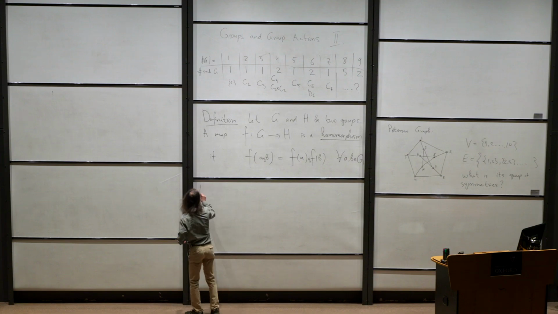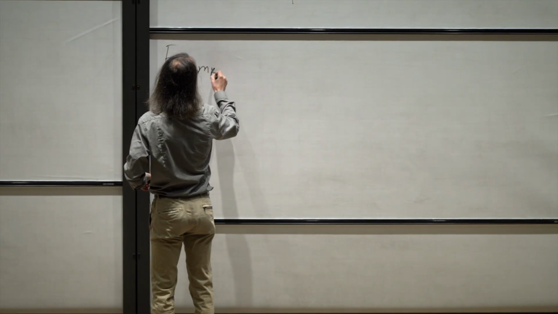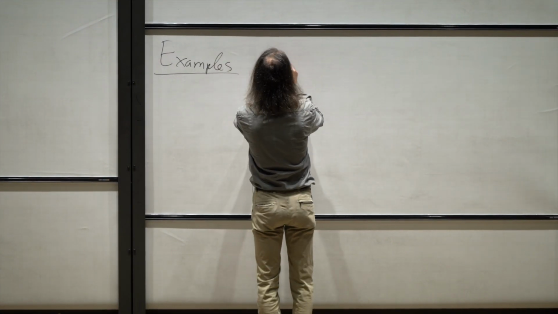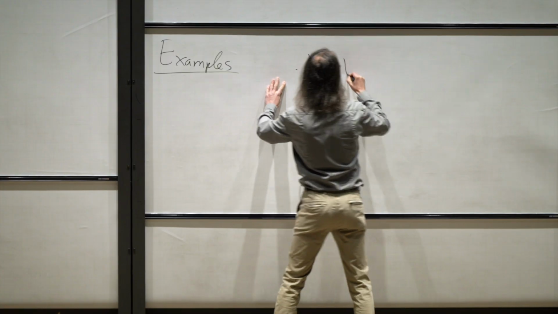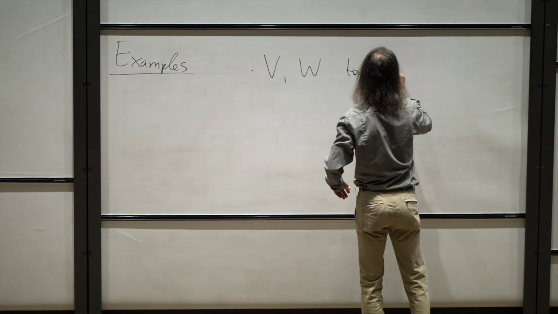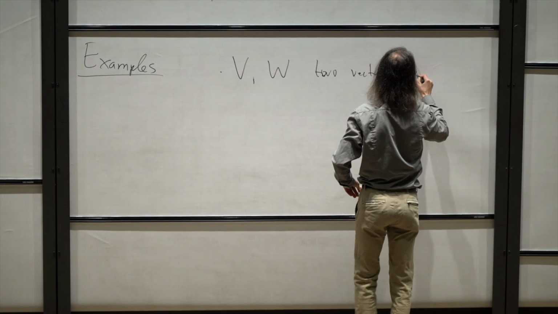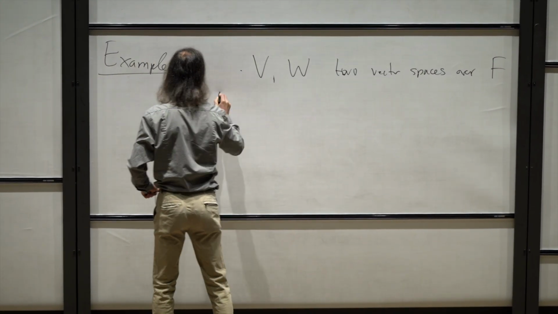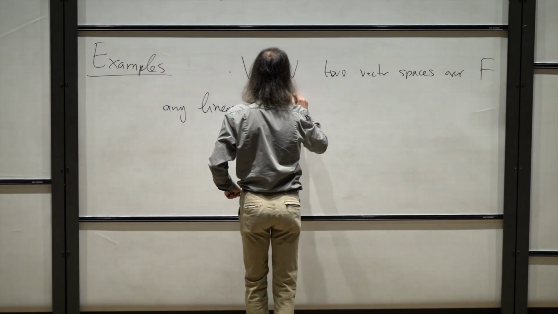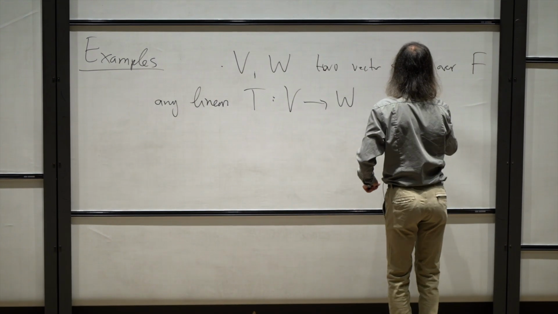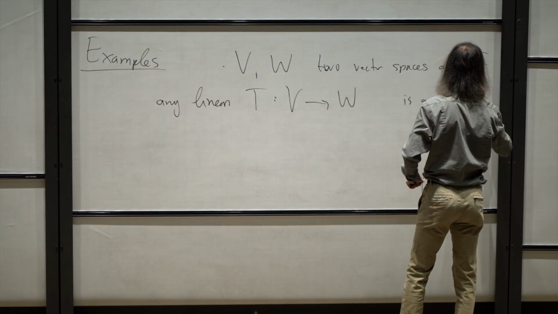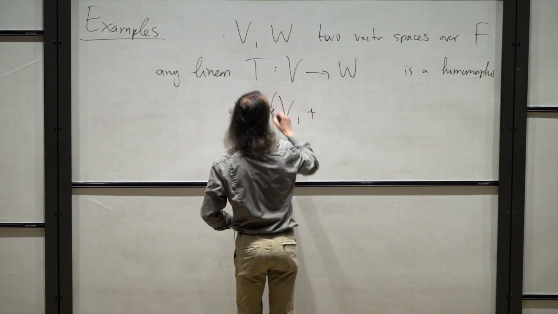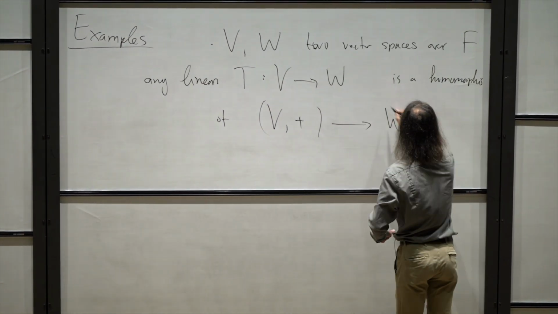Let's do some examples. Maybe I should start with vector spaces. V and W, two vector spaces over the same field, and then any linear transformation T from V to W is a homomorphism of the additive groups.